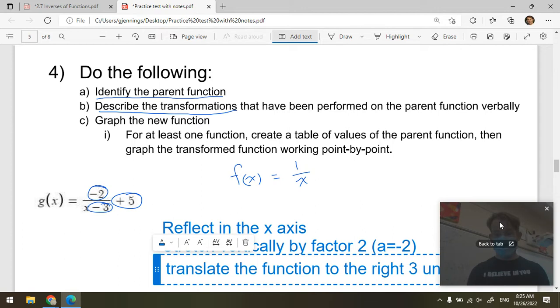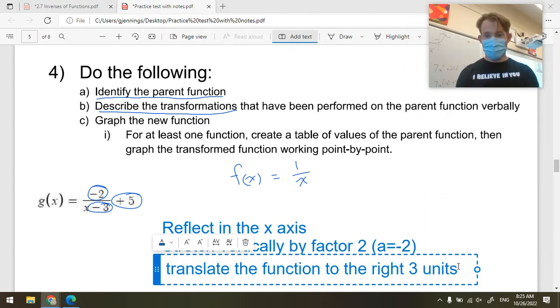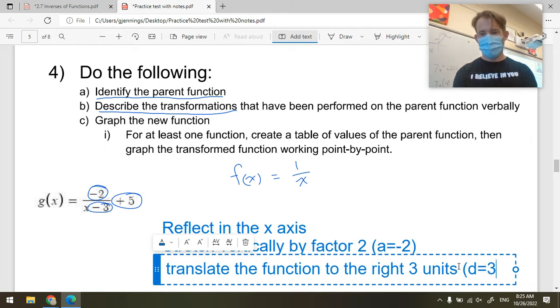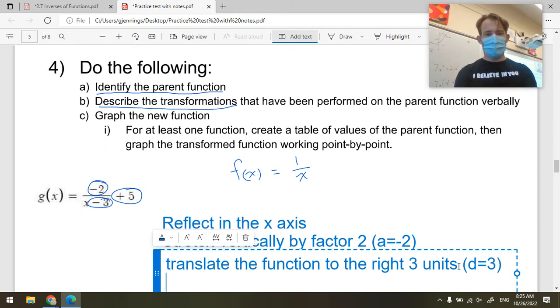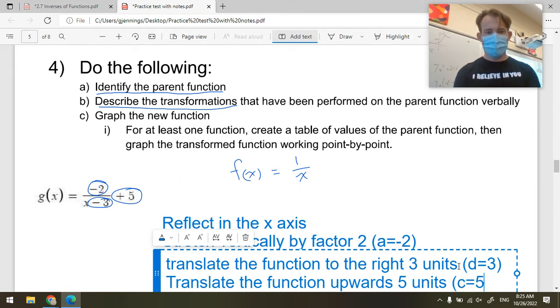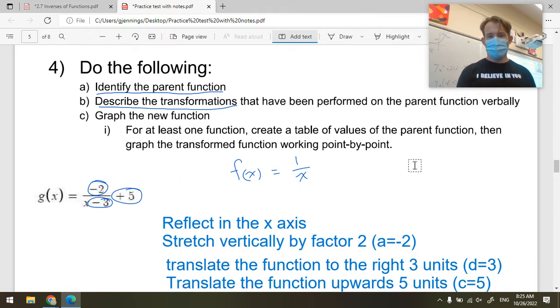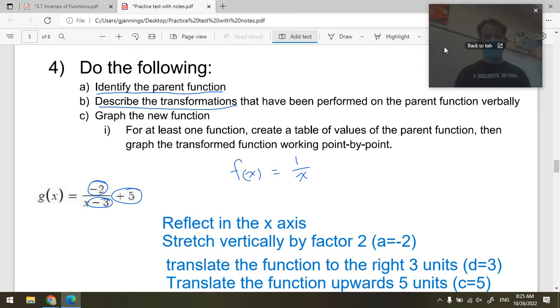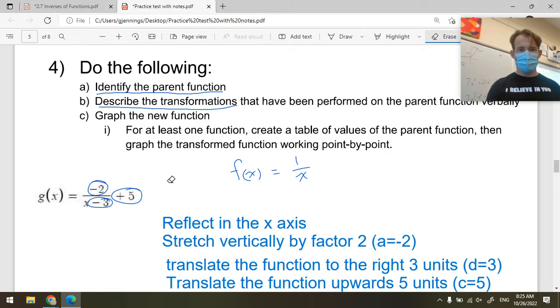And that's the result of d being equal to +3, because d is a sign flipper, and then translate the function upwards 5 units. That's a result of c being equal to 5. So you want to be able to look at something like that and analyze it. And then after you've analyzed it, you can go ahead and graph it.